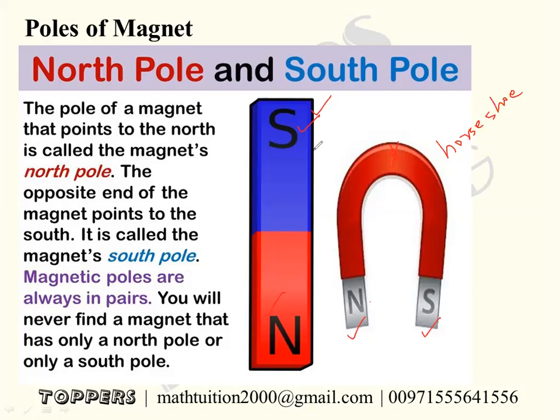Even if you break a magnet into two pieces, the first piece will have a north end and the other end automatically becomes south, and the other part, which was already south, automatically gets a north. So there is no magnet with one pole. There should always be a pair, north and south.